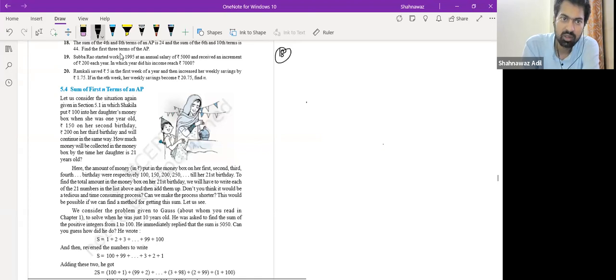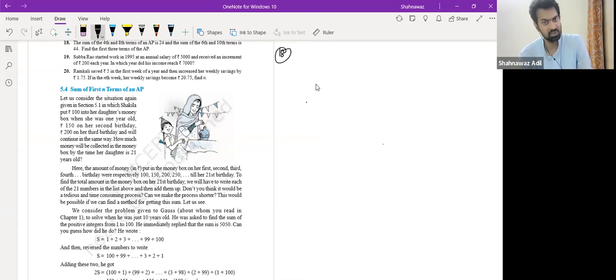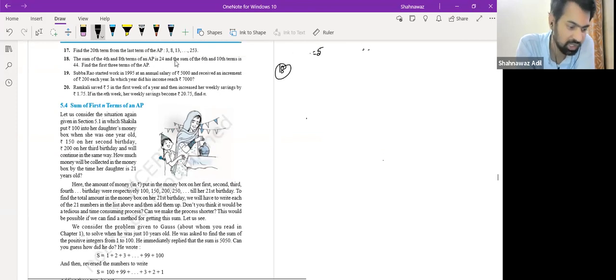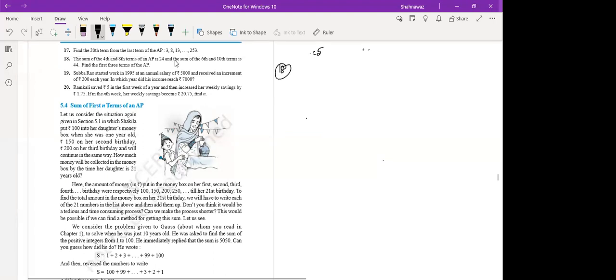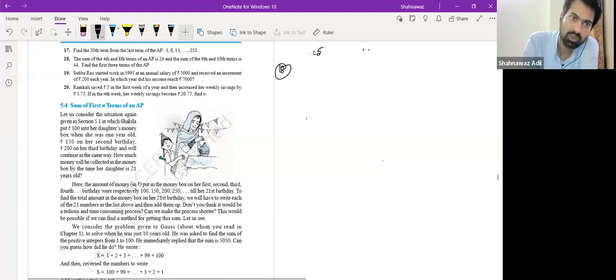So the sum of the 4th and 8th term of an AP is 24. What is given here? Talha, you tell me what is given here. We have done so many word problems in linear equations in two variables and in quadratic equations. So you tell me what should I write here?